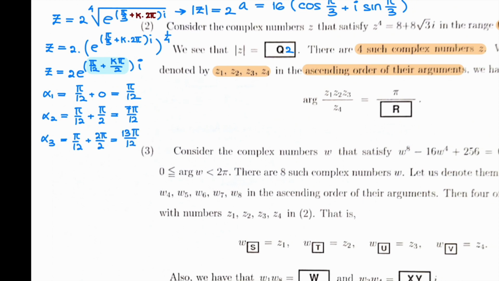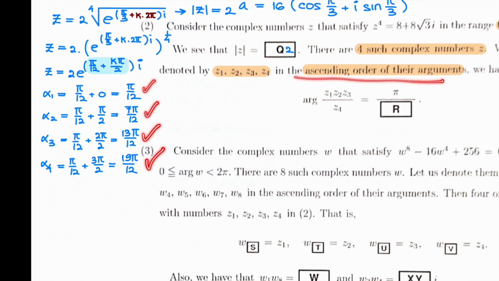And then the last one, the argument of z4, which is alpha 4, is pi over 12 plus 3 pi over 2. If you calculate it, you will obtain 19 pi over 12.